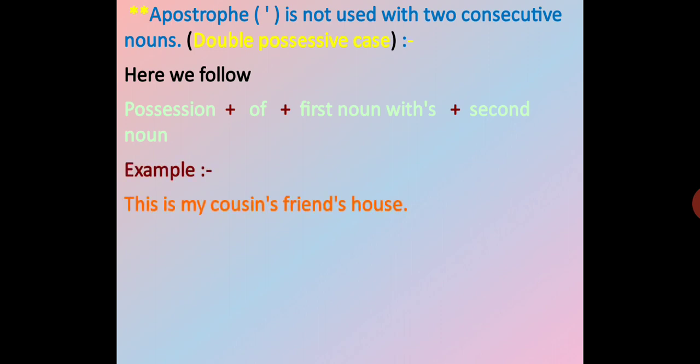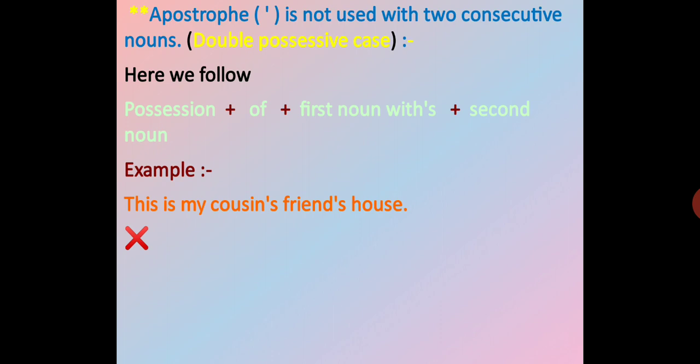For example, this is my cousin's friend's house. So, my cousin and friend are not used for only one person. So, this possessive form is wrong. So, what is the correct possessive form? First of all, we write the possession. What is the possession?